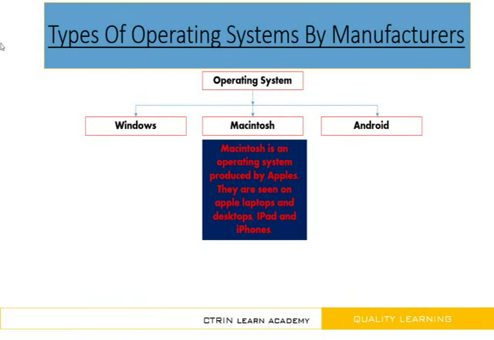It's called Macintosh, and the Macintosh operating system is produced by Apple. It is seen on Apple laptops and desktops, and also on iPads and iPhones. They are well known for their legendary logo, the Apple logo that has a bite taken out of it. I do wonder what bit it, but all the same, that is the logo, and they are a strong operating system type, just as Windows is.